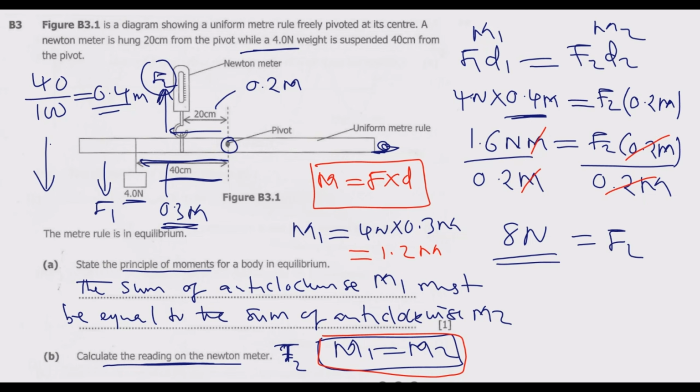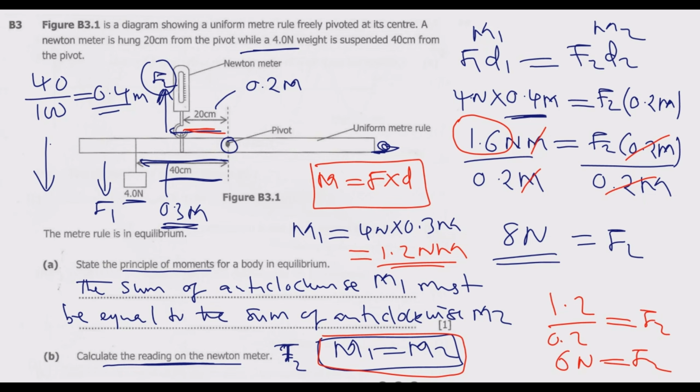Now what you notice here is that because the moment has reduced, what you are putting here now is 1.2. So this 1.2 we divide by the same 0.2, which has not changed distance. F2 now will become smaller. It will just become 6 Newton as the reading.